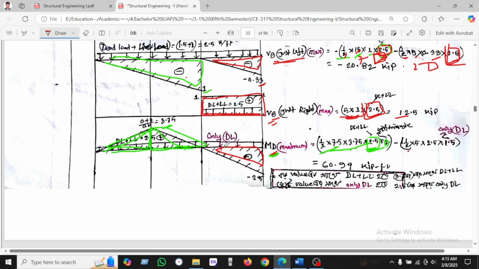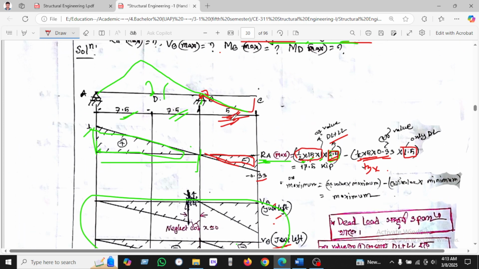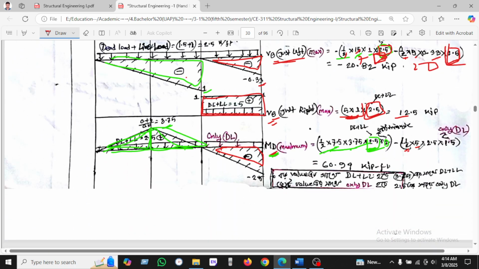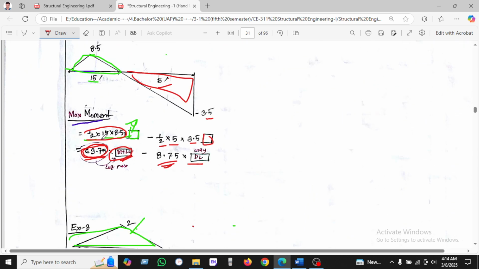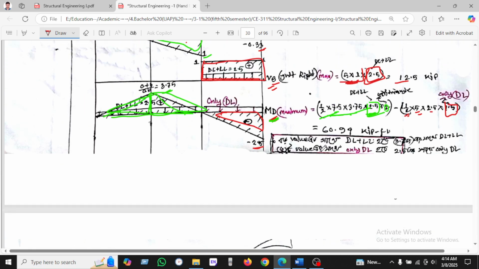Okay, so let's see the second portion. This is the half, and the length is 5, and 2.5, and this will be boxes, as we have seen before with dead load plus live load. After calculating, we found that this portion will be the maximum value.